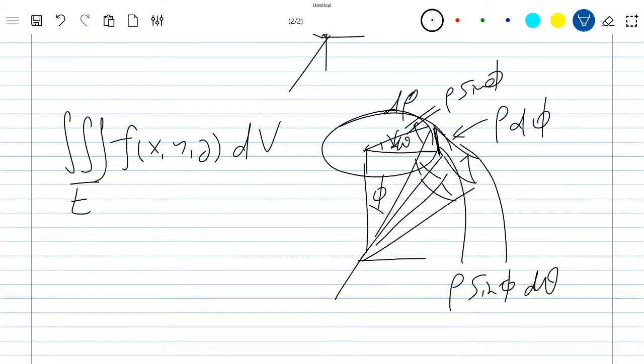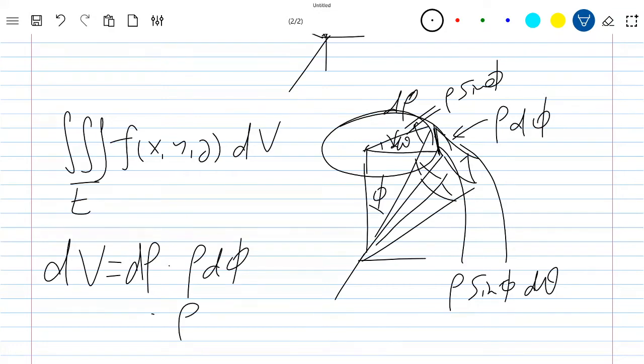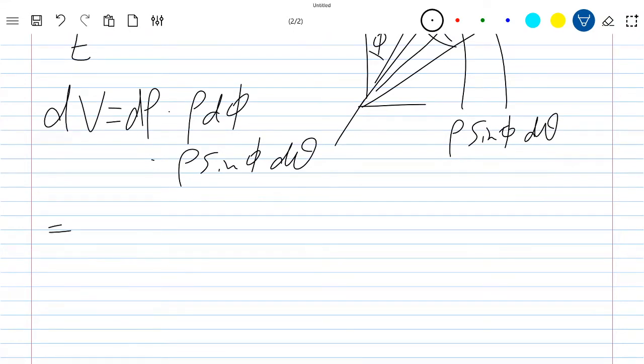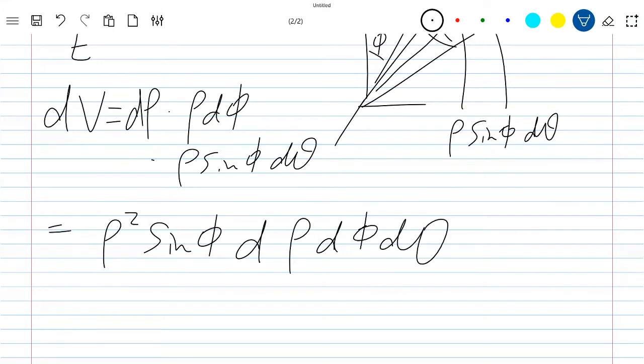And so what is dv? dv is the product of all three of them. So it's d rho times rho d phi times rho sine phi d theta. Or if we reorganize them, it can be written as rho squared sine phi d rho d phi d theta.